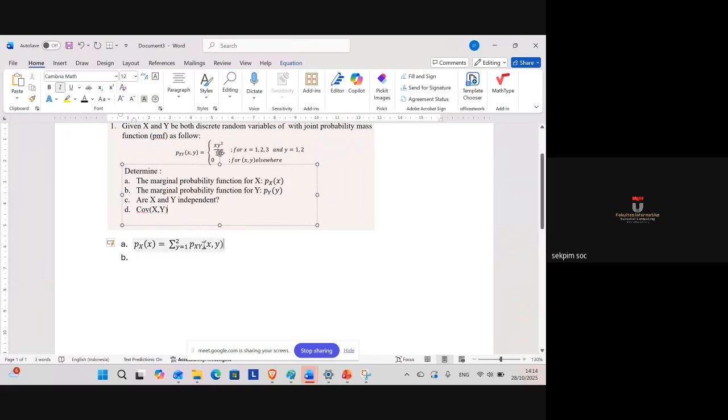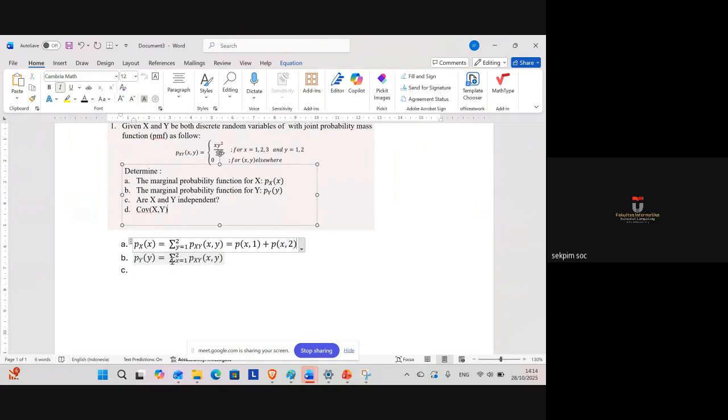And for the marginal function of y, it's a similar thing, but the function should depend only on y, and we take the sum over all x. So this is just a substitution: p of x comma 1 plus p of x comma 2.